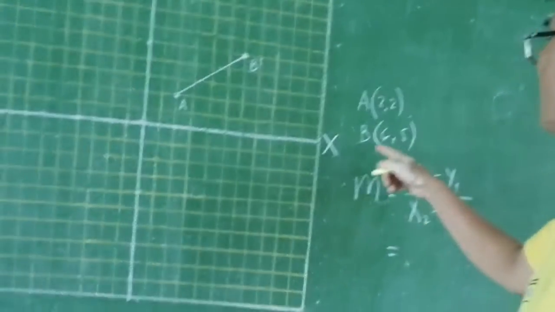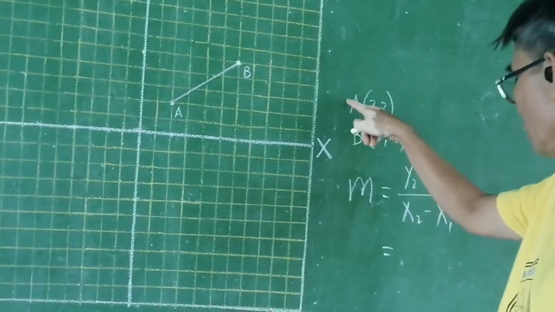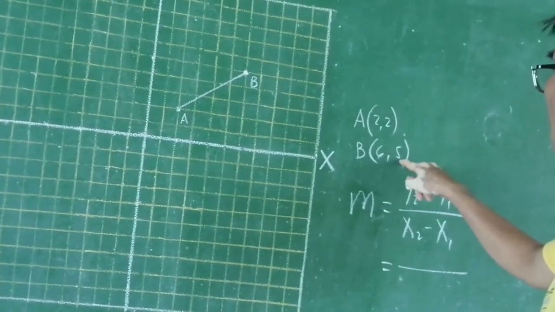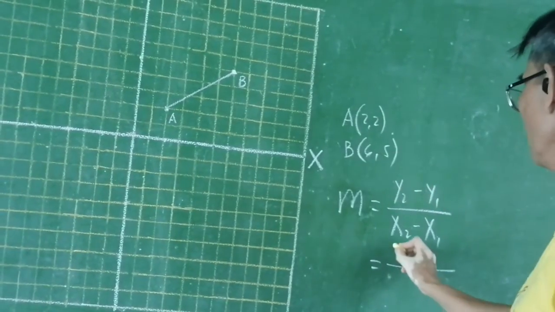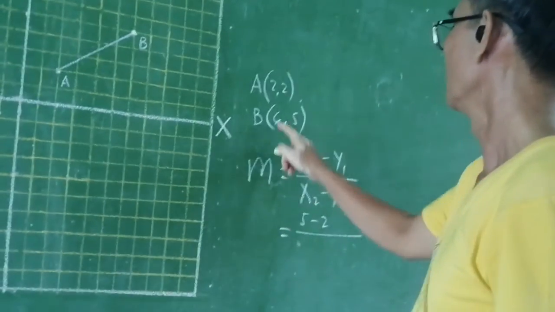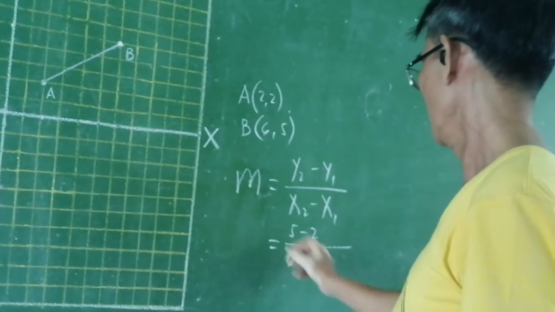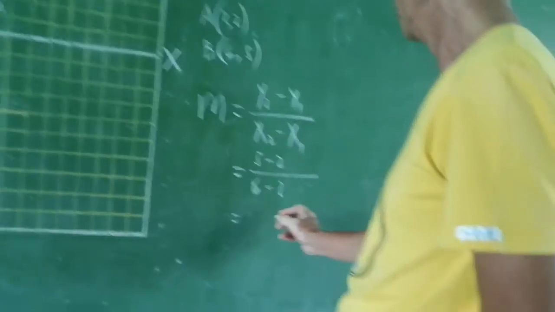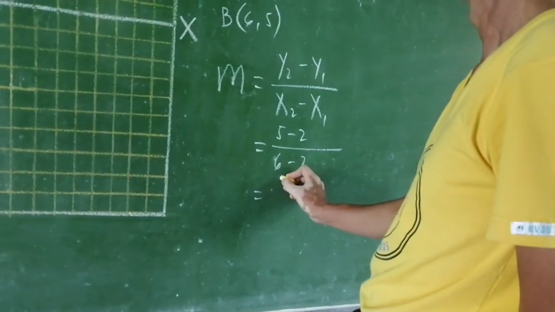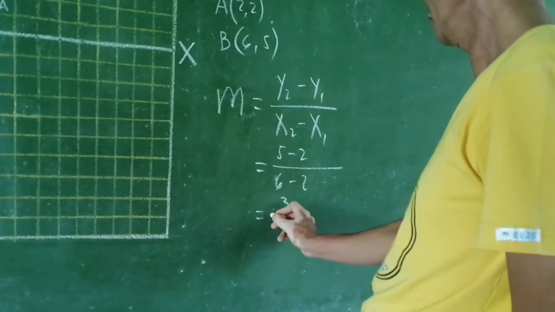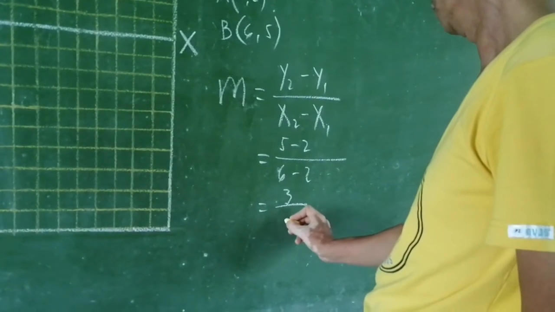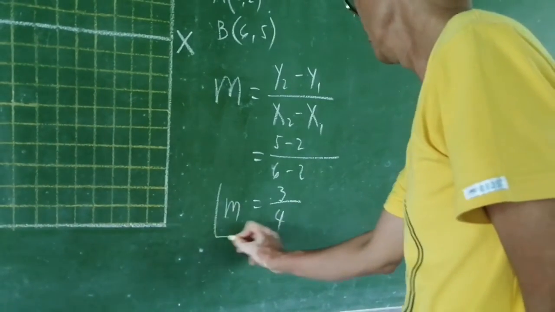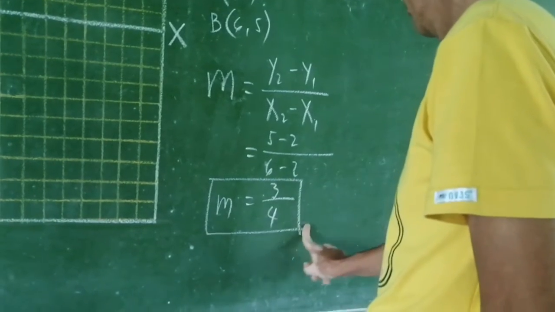Let's use B as point 2 and A as point 1. So it will be 5 minus 2 over 6 minus 2. 5 minus 2 is 3, and 6 minus 2 is 4.